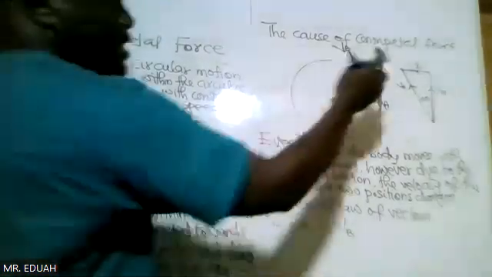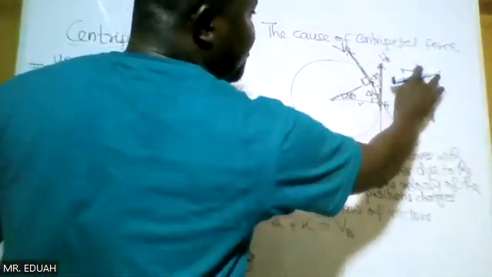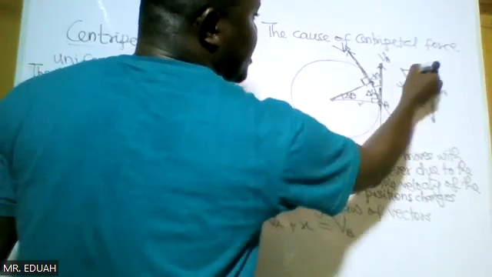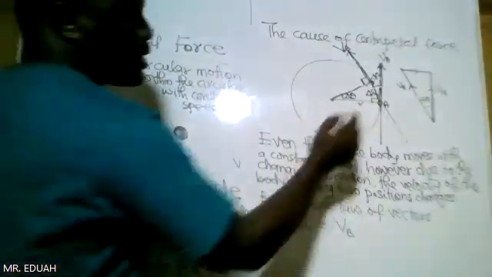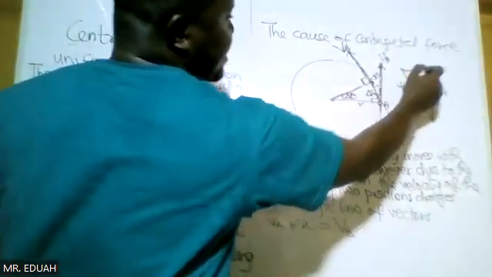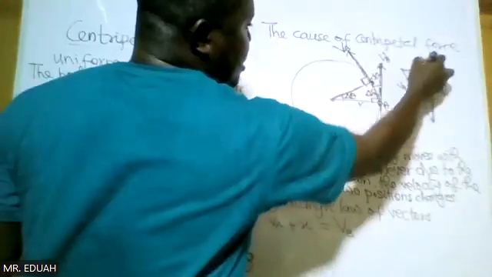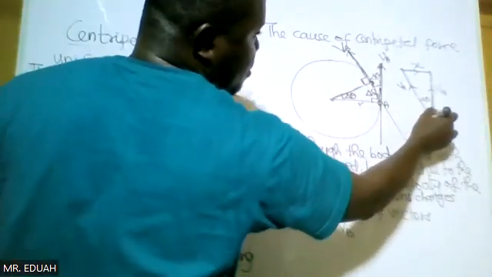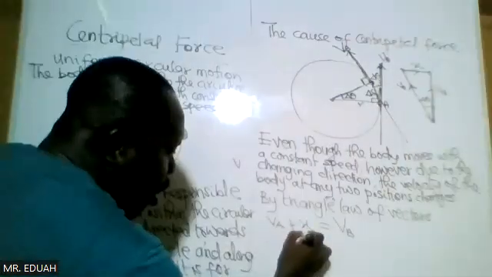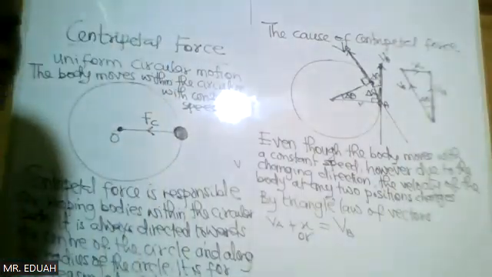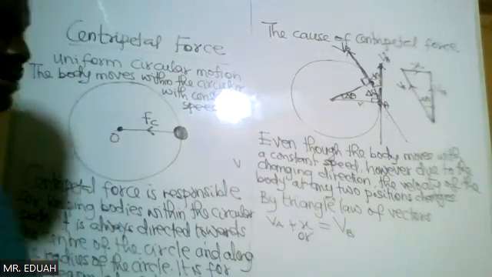If we take the direction this way, or if we change the direction, we can equally argue from the same principle that VB plus the unknown is also equal to VA.